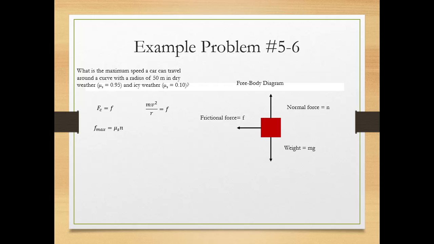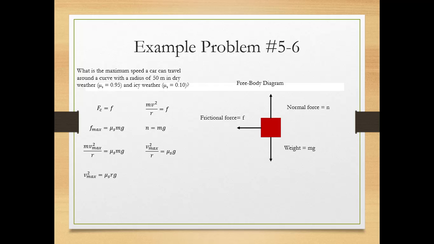I know I can calculate the maximum frictional force. That should be the coefficient of friction times the normal force. I can calculate the normal force because the sum of forces in the vertical direction should be 0, so N equals mg. I can substitute that in for the frictional force, and guess what? Something beautiful happens. The mass of my car cancels out.